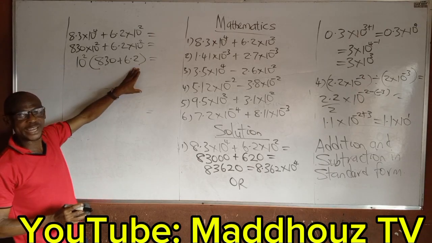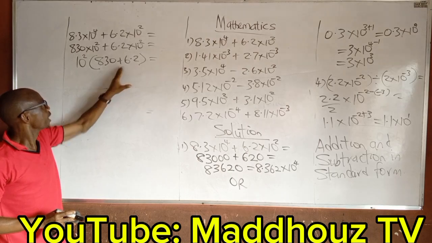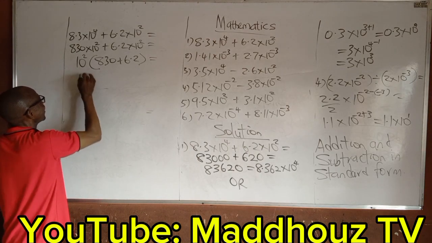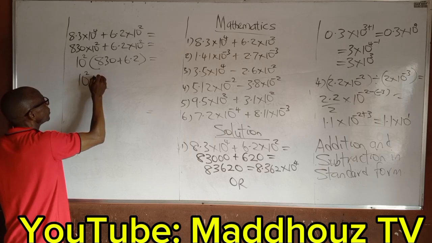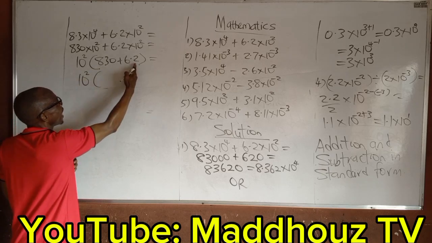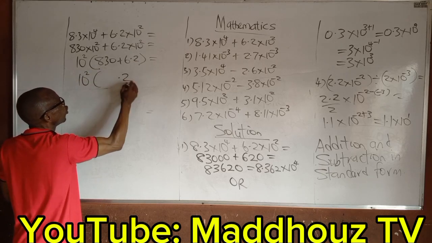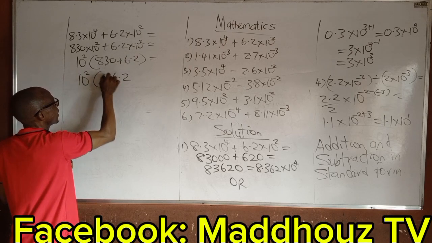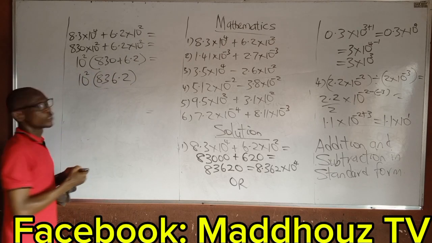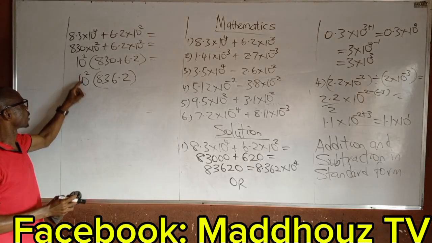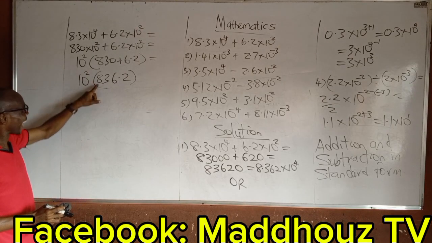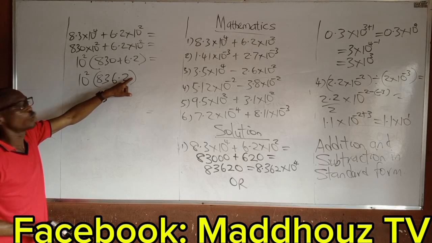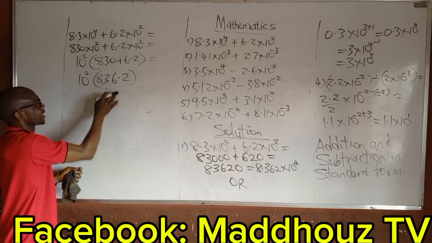We get 10 raised to power 2, open bracket, 0.2 plus 8... this plus this gives you 836.2. So now this is what we have: 10 raised to power 2 times 836.2. So we are going to write this now in standard form.